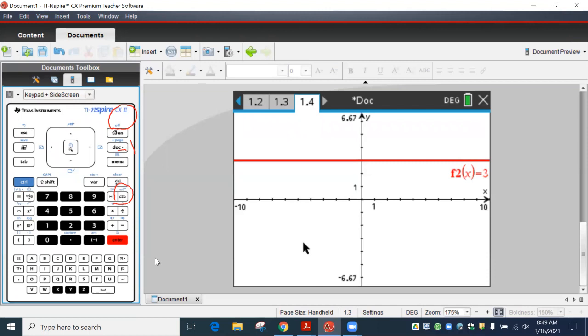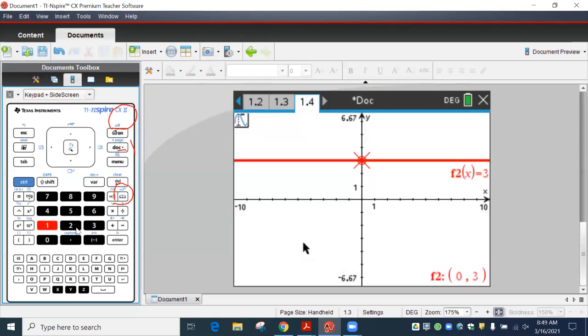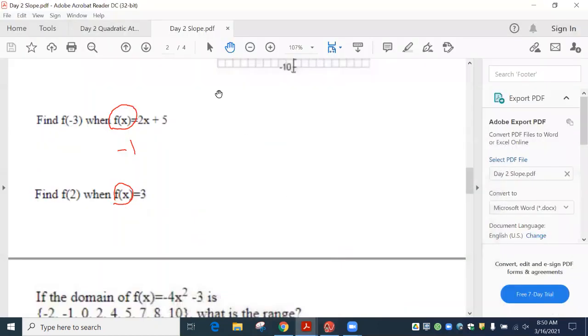Hit enter. Okay, we're going to hit menu 5.1, and then y'all said the number was 2, is that right? So then that random number that we see, we're going to hit 2 and hit enter. And there was only one number in this equation, it was the number 3. So it shouldn't surprise you that the answer to this was 3.